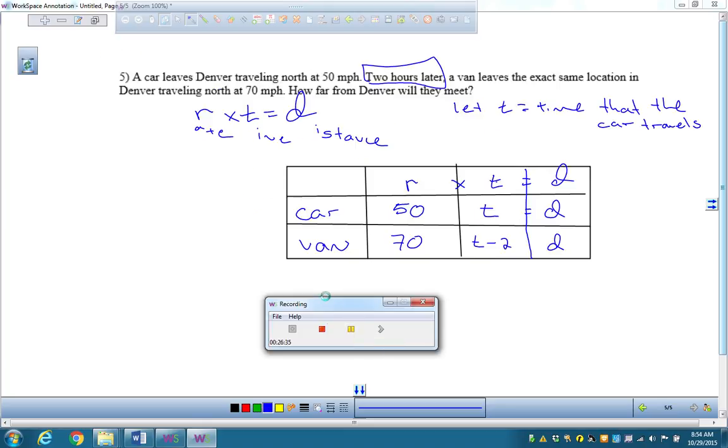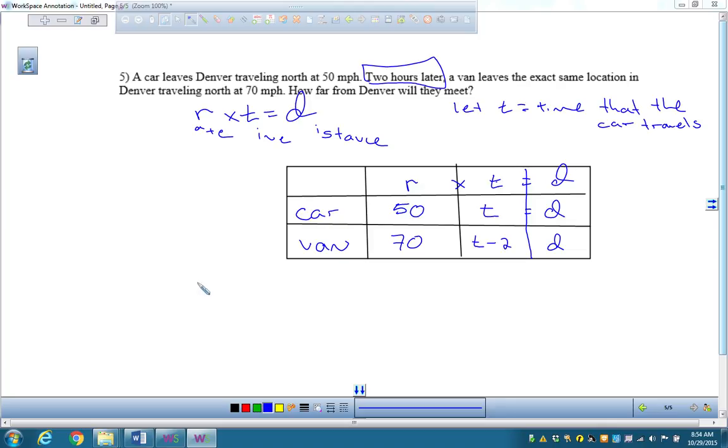Okay, so here's my table. We're still recording. So now I have two equations. I have 50t equals d, and then my other equation is 70 times t minus 2 is also equal to d. So if both of these are equal to d, do you know what I could do?